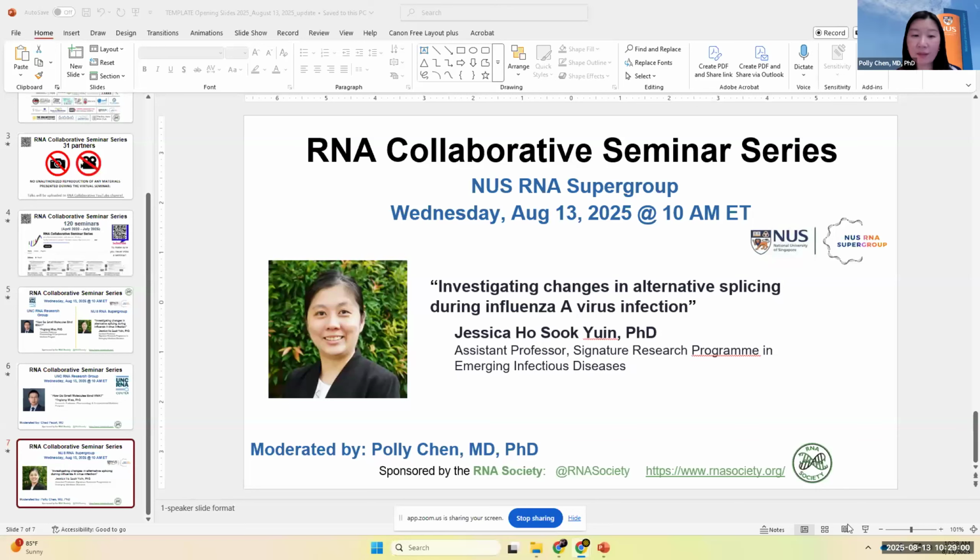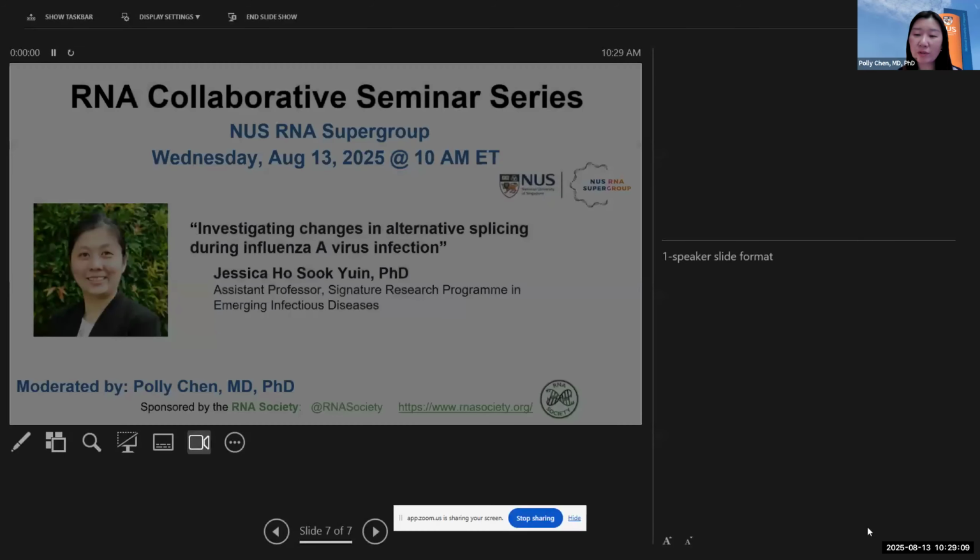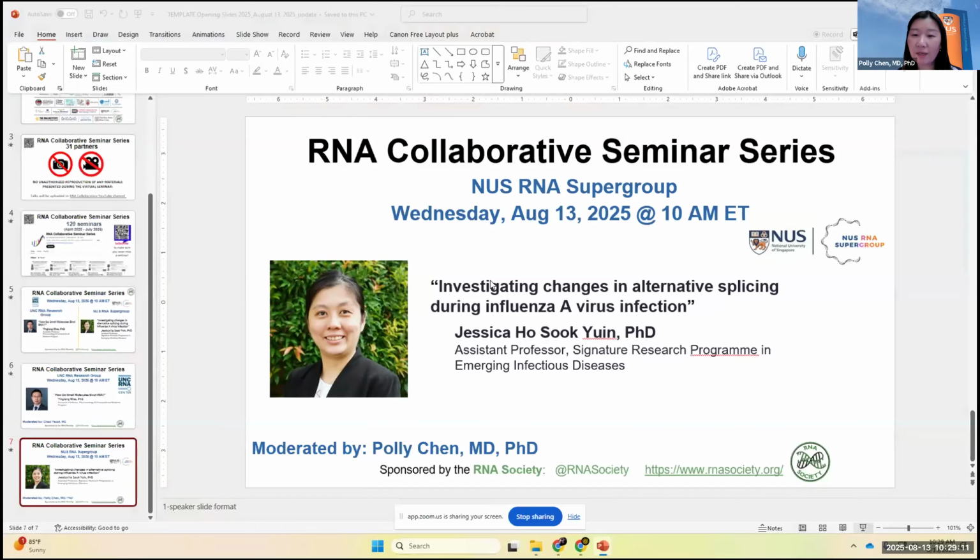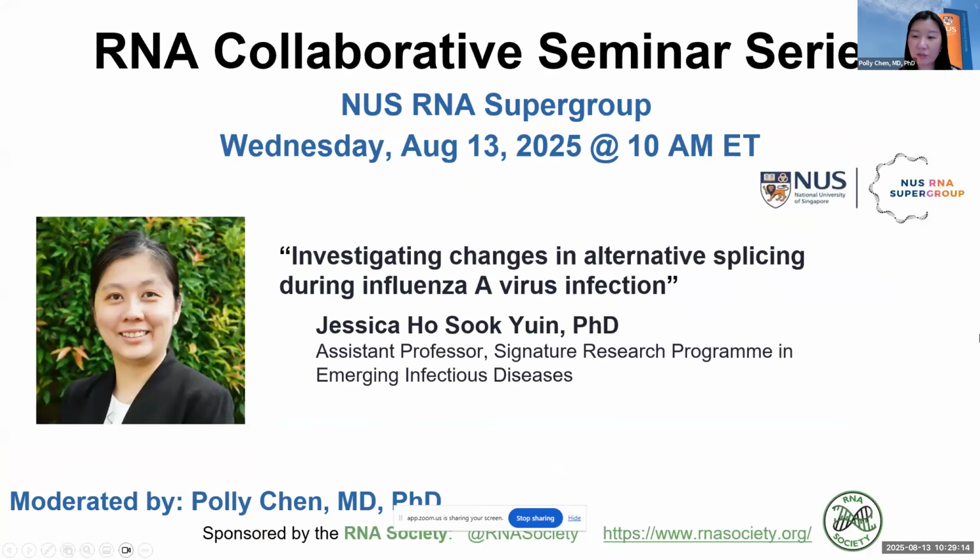Hello, everyone. My name is Polly Chen from Cancer Science Institute of Singapore, National University of Singapore. It's my great pleasure to introduce Dr. Jessica Ho, assistant professor at Duke-NUS Medical School. Jessica is a highly active and respected member of our local RNA community, especially the NUS RNA supergroup. You can see the new logo at the upper right corner.